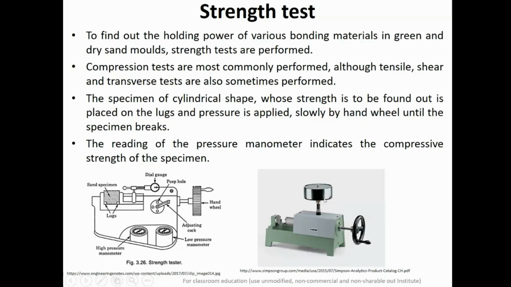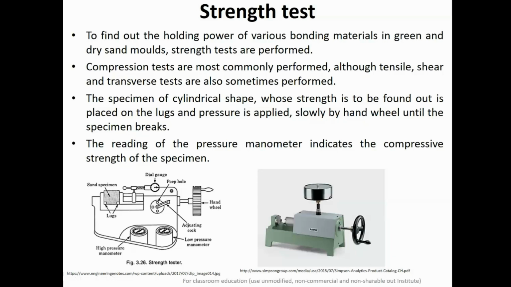and if you know the area of your sample, you can easily calculate the compressive stress. So the reading of the pressure manometer indicates the compressive strength of the specimen. If you have the pressure and you know the area, which is already fixed, the strength can easily be calculated.